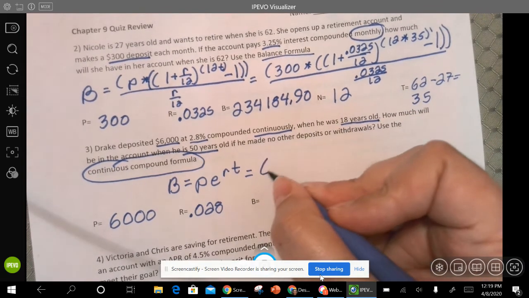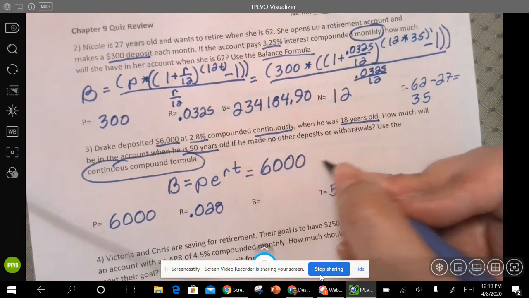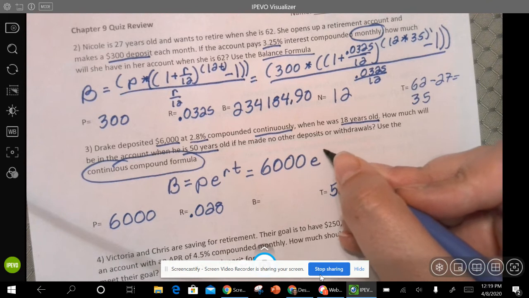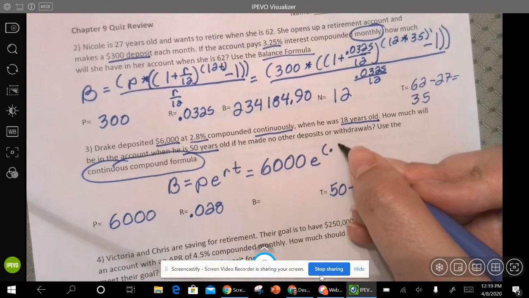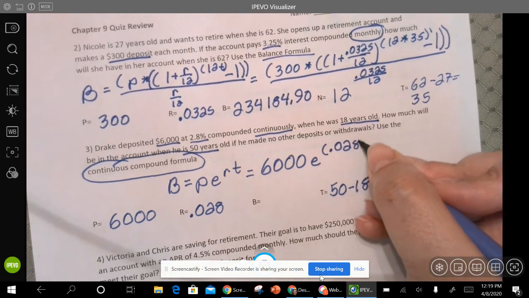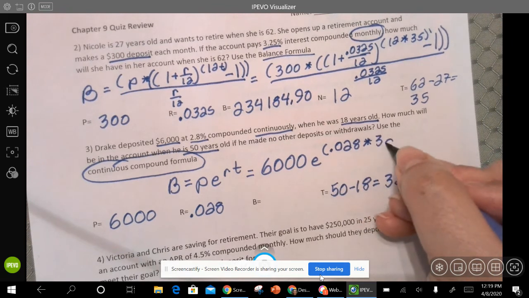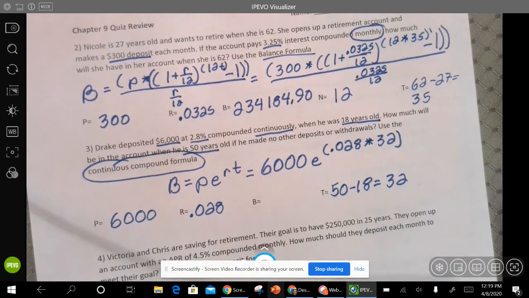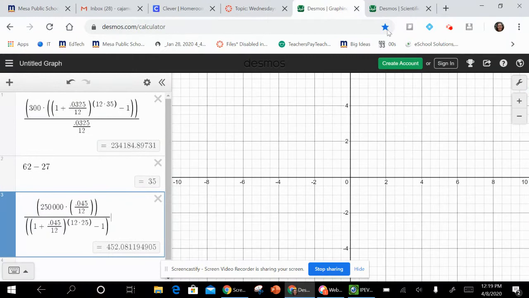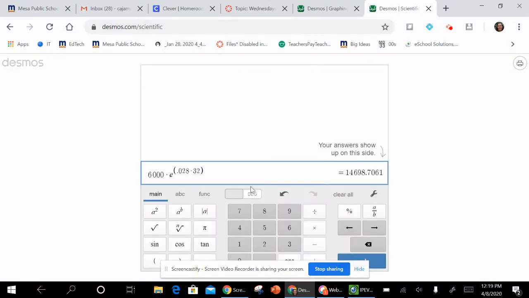You're going to use the Desmos Scientific calculator for this one. So it's going to be 6,000 and then E raised to the 0.028 times 32. You do have to do parentheses around it so that it will show that to you. I put 6,000 times E raised to the 0.028 times 32, and with the E, it already raises it for you.